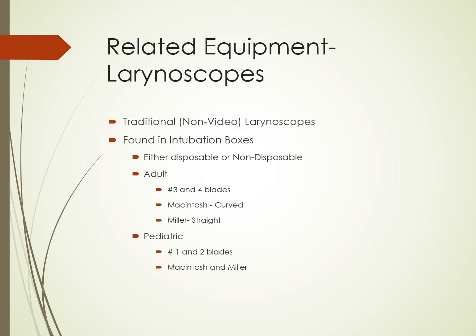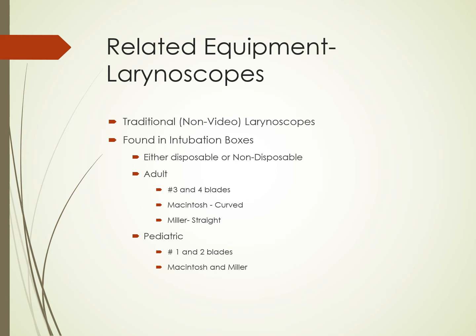As far as the actual blade size, if it's an adult intubation box, they'll probably have number 3 and number 4 blades. The Macintosh blade is curved, and you undoubtedly know this stuff, but just for the sake of completeness, the Miller blade is straight.